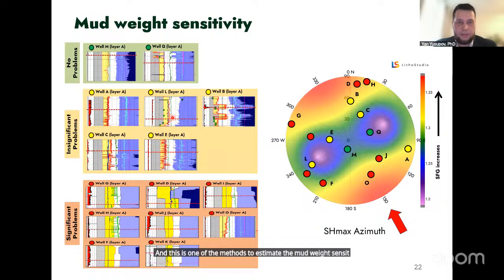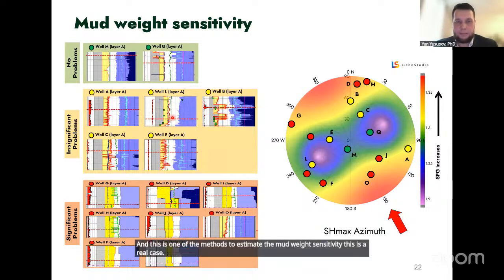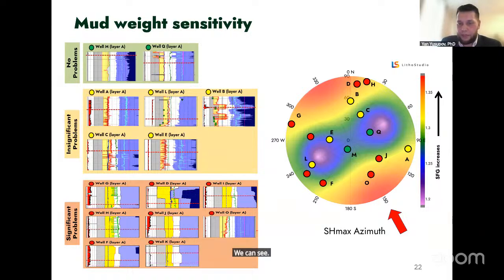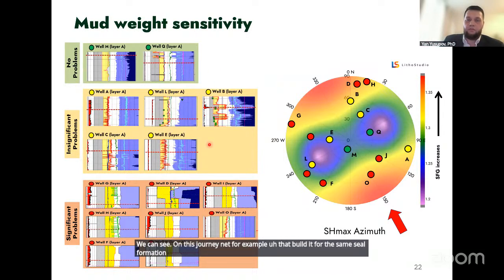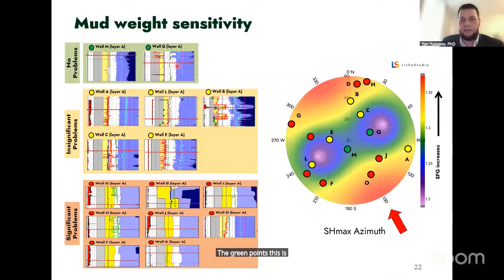This is a real case. We can see on this stereonet, for example, built for the same formation for these wells. The green points are safe wells, wells that were drilled safely.